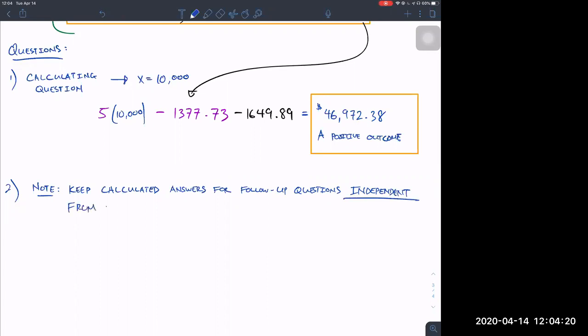The reason is that if you have to worry about that 46,972 that we just solved for, that means you have to carry that over as extra profit to worry about. Now, if this is your business and you made almost $47,000, does it go away? Of course it doesn't go away. It's your profit, it's your earnings, it's what you have.